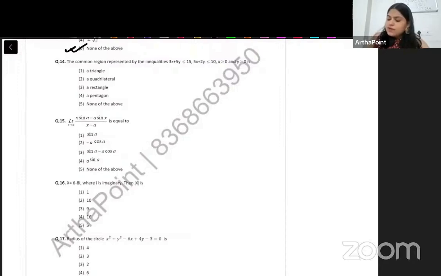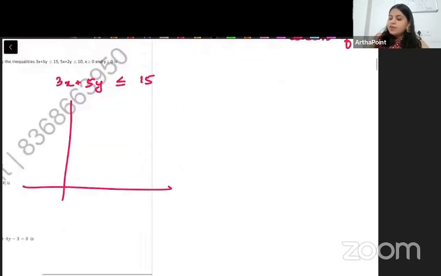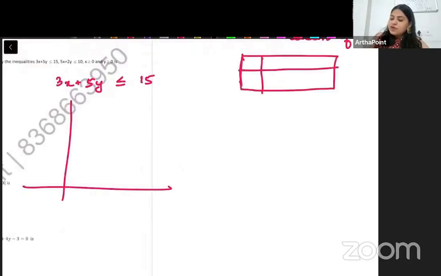So when you have 3x plus 5y less than equal to 15, if you plot this, when x is 0, y will be 3, and when y is 0, x will be 5, right?